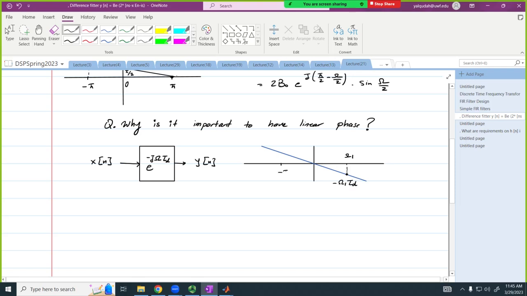If I am at negative omega 2, I'm going to have a phase that is omega 2 multiplied by tau delay. Together? Okay, what's special about this? First of all, what is the slope of this curve that we plot of the phase?